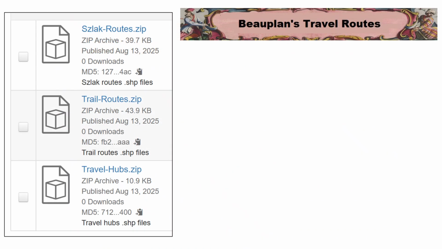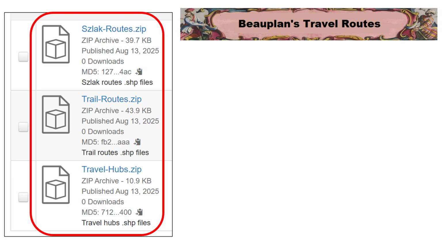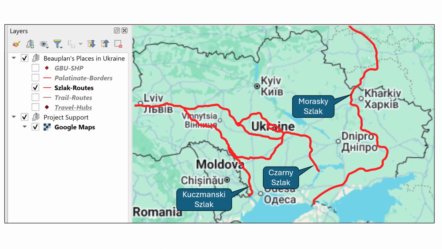Here we have the shapefile zip folders for schlock routes, trail routes, and travel hubs, which we will explain in a minute. Opening the Schlock routes in QGIS, we see the Czarny Szlak, Kuchmański Szlak, and Morawski Szlak as traced on Beauplan's maps.